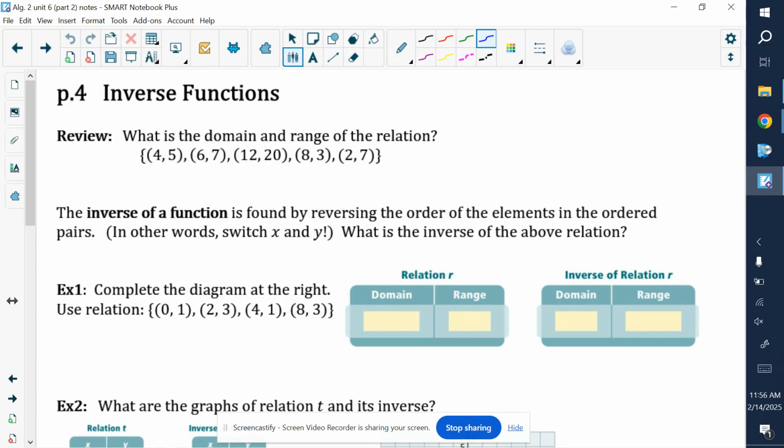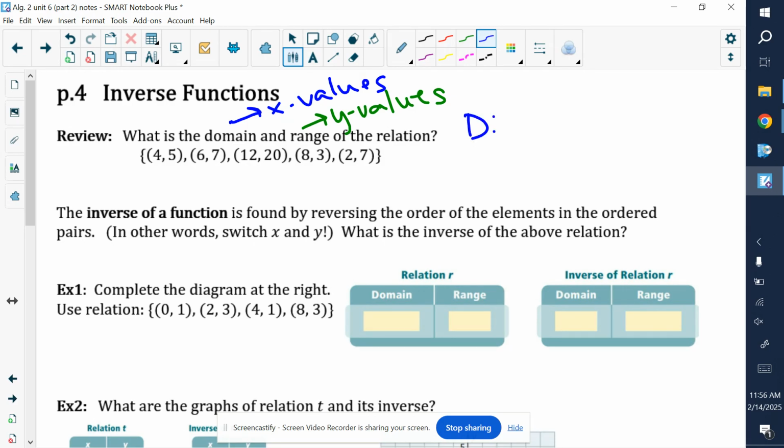If you recall, the domain goes with our possible x values of a function, and the range goes with our possible y values.